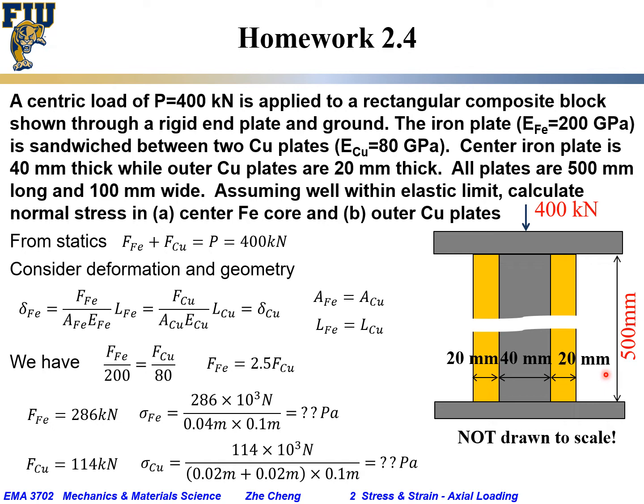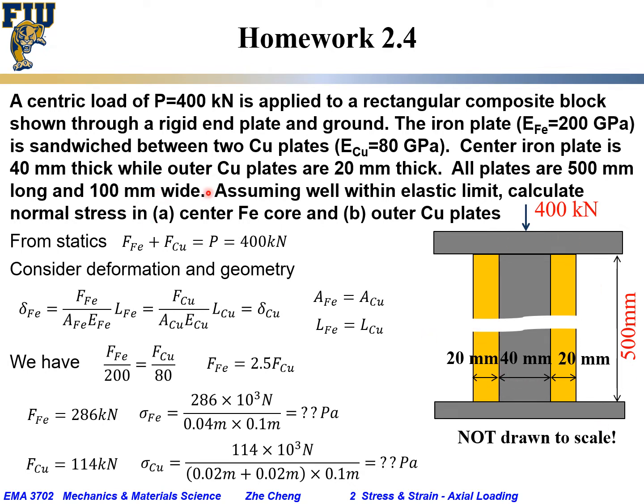All plates are 500 millimeters long. Of course, this is not drawn to scale, because this is 40, this is 500. The other dimension is 100 millimeters wide, going into the paper. Again, the plot is not drawn to scale.